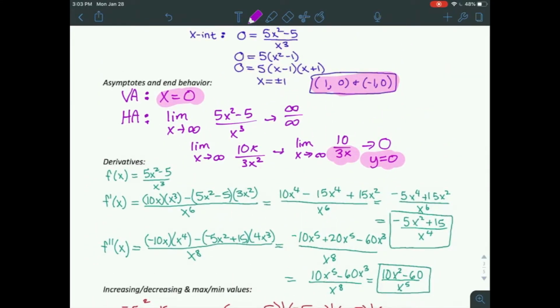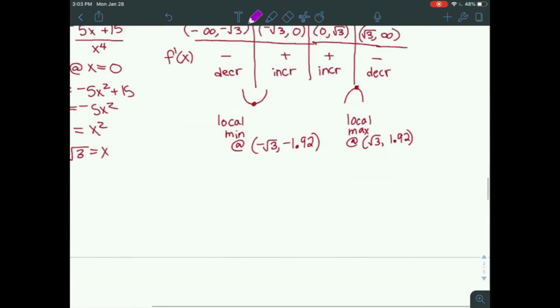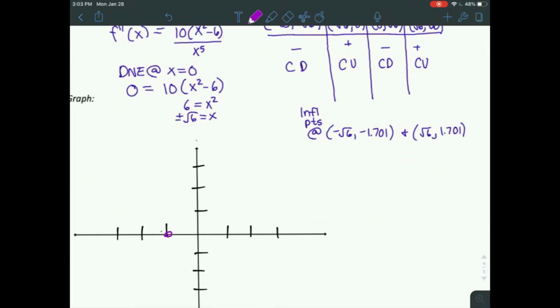X-intercept at 1, 0, negative 1, 0. Inflection points at negative square root 6, which is about 2.5. And then negative 2.5, negative 1.7, so right about there. And then positive version, so positive 2.5, positive 1.7.